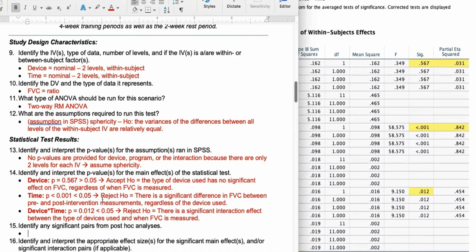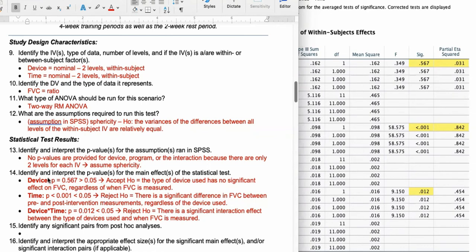So this is kind of where the flow charts come in handy. We looked at our assumptions, found out we met sphericity, looked at the sphericity assumed column for all of our p-values for our main effects, figure out which ones are significant, and then the ones that are significant are the ones that you end up looking at post hocs for.